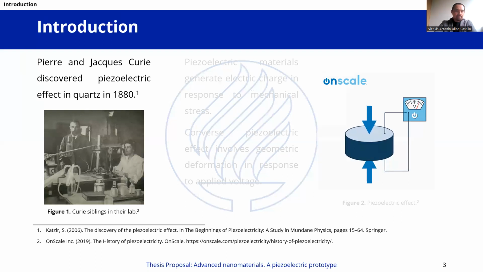In 1880, the Curie siblings made a groundbreaking discovery, identifying the direct and converse piezoelectric effect in quartz. This effect involves the generation of an electric charge and geometric deformation, laying the foundation for the evolution of these piezoelectric materials.